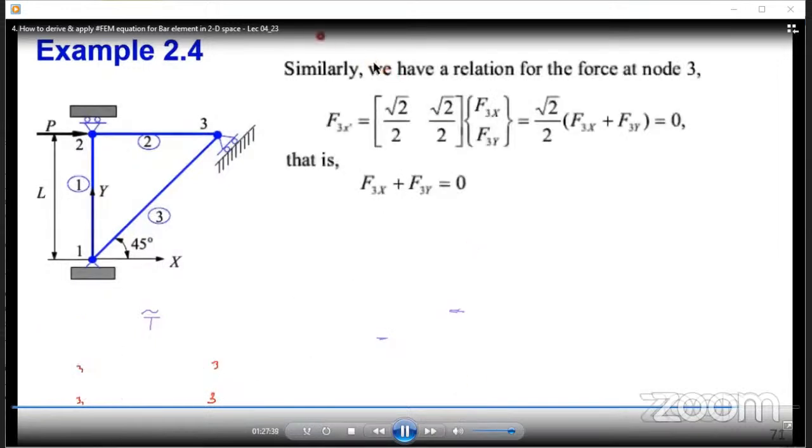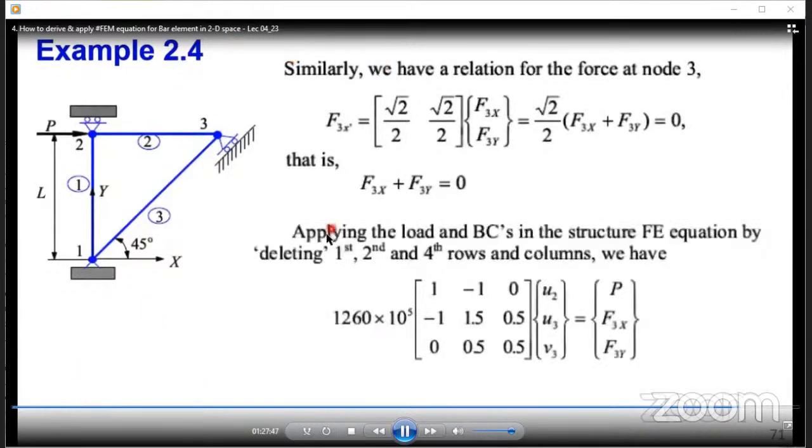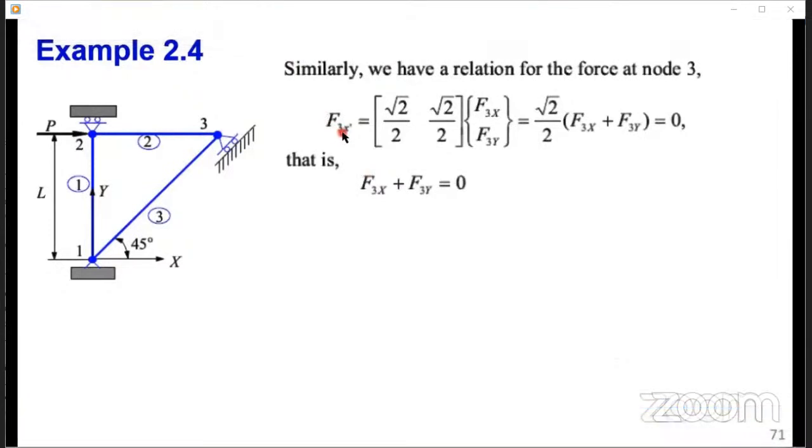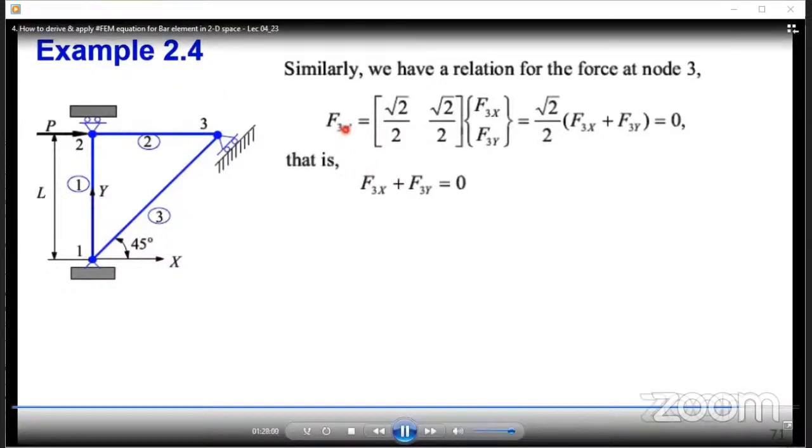In a similar manner, we can go ahead and do the same for F3, using the same equation. Because we said any quantity in our local coordinate system can be transformed using the transformation matrix to the global coordinate system.